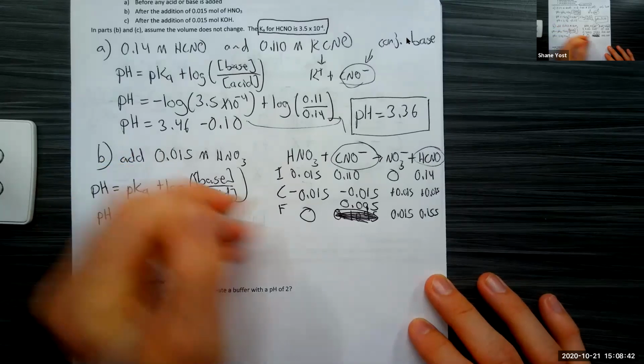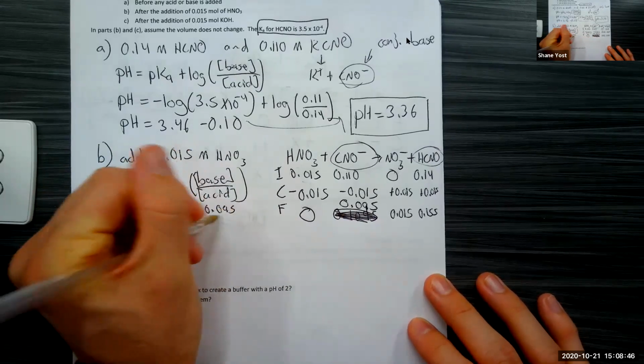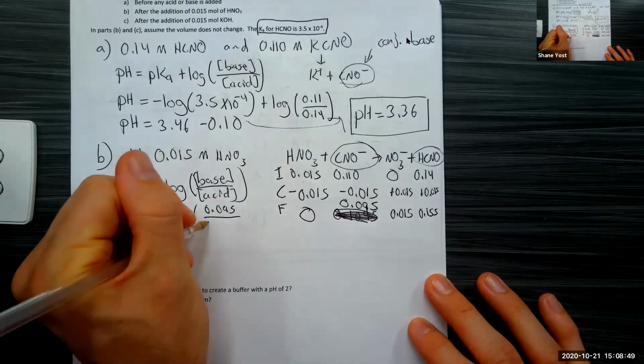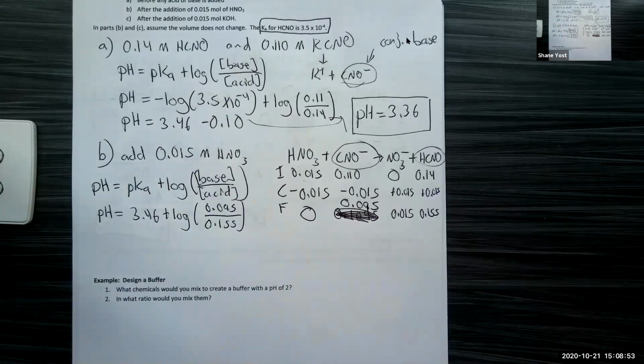Now the concentration of my base has decreased to 0.095. The concentration of my acid has increased to 0.155, right? So 0.095 divided by 0.155.